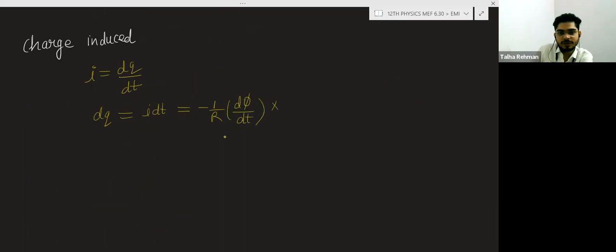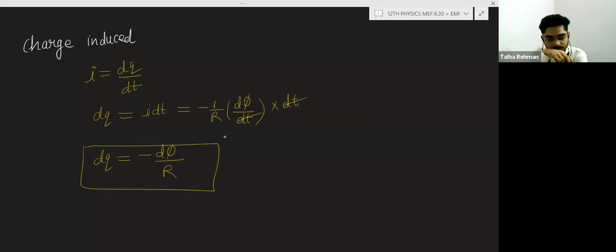And here is one more dt. This dt and dt will be cancelled out. So your charge induced will be minus of d phi divided by r. So this is the charge induced in coil C1.